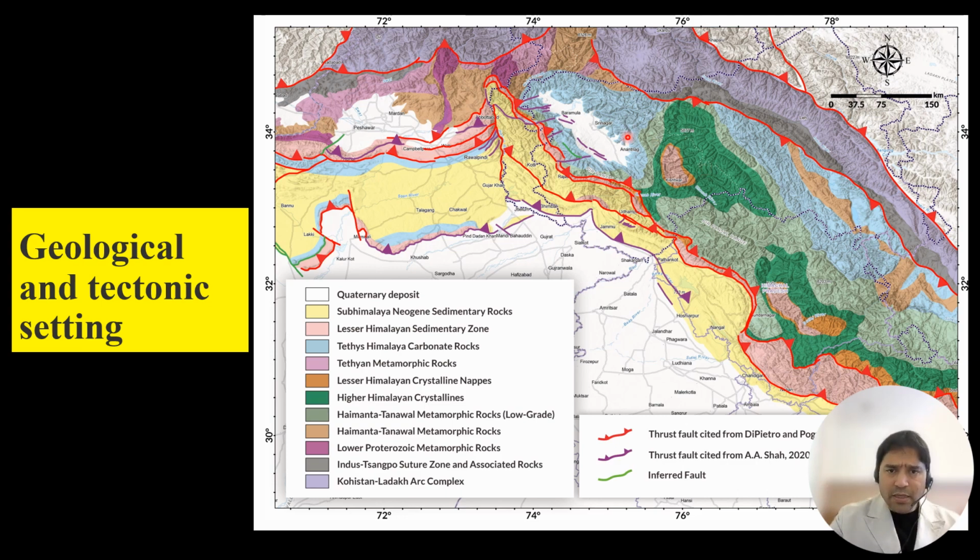So therefore, the basin will have another problem, which is that it is filled with sediments, and most of the sediments are water saturated, particularly where there are river streams. For example, there's a major river which goes through the center of the basin, and that is going to cause liquefaction.